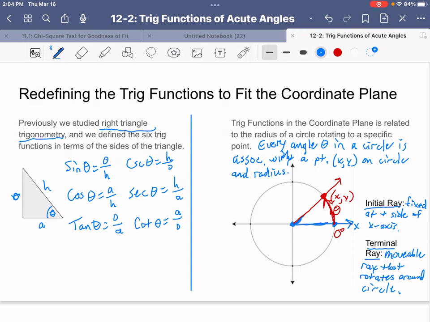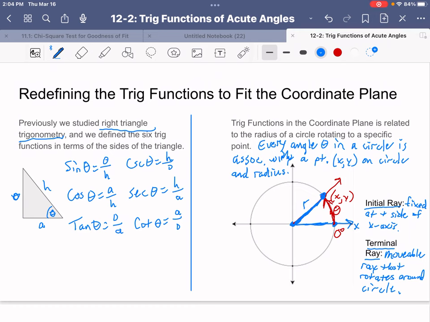So you see the segment that goes from the center of the circle to the point x, y is the radius of the circle. The ray that extends outside of the circle is irrelevant. It's just going on forever and ever.